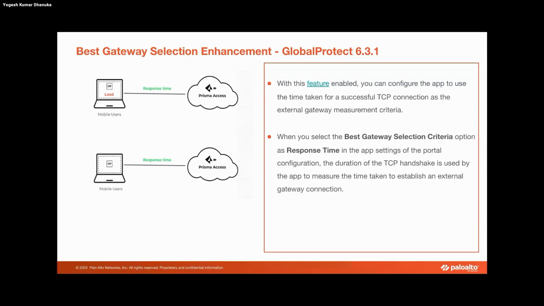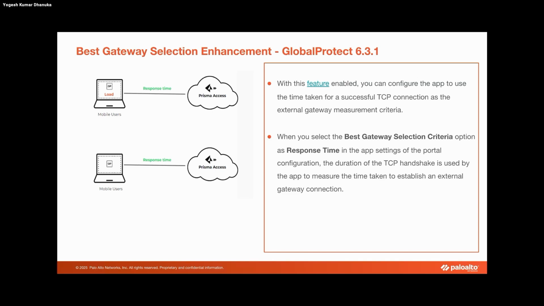And because of that, when GP is calculating the SSL response time, it is slightly worse than it is in normal times. And because of that, it gets a higher latency, and GP ends up not selecting that gateway as the best available gateway. With this option, what you can do is change that method to use TCP handshake instead.